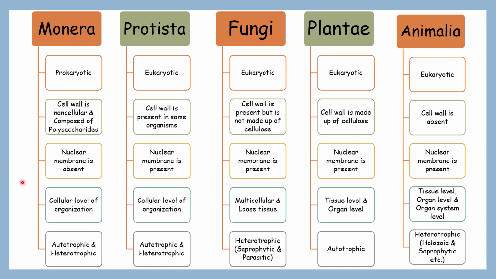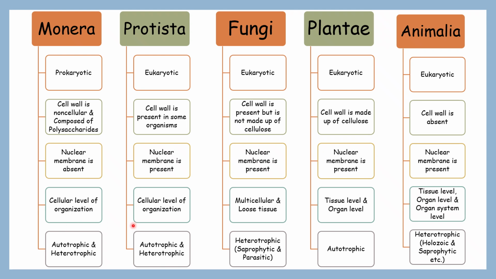Coming to the third character, the presence or absence of nuclear membrane. Nuclear membrane is absent in Kingdom Monera. From Kingdom Protista to Kingdom Animalia, the nuclear membrane is present. Coming to the level of organization, in Kingdom Monera and also in Kingdom Protista, cellular level of organization is present.